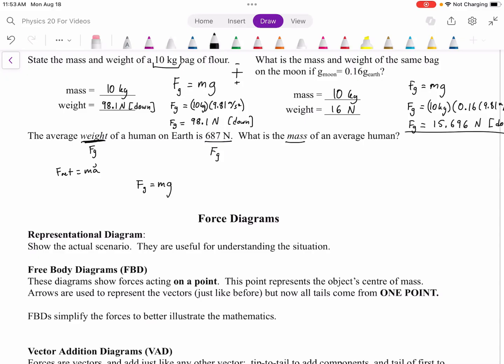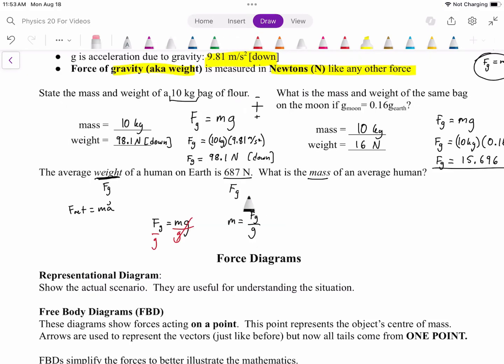We want to figure out the mass. Well, right now, mass is being multiplied by g, so divide both sides by g. And we get that their mass will be equal to the force of gravity divided by g, acceleration due to gravity, right? We're on Earth, so g is just 9.81. I'm doing a really bad job of showing my work top to bottom here, sorry. But we can go ahead and plug in our numbers.